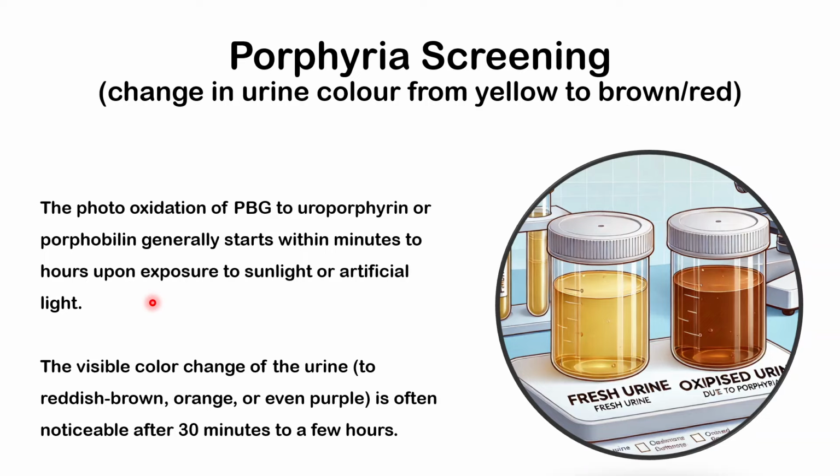Okay, so when porphobilinogen is exposed to sunlight, within minutes to hours it undergoes oxidation, which results in a change in color. The visible change of color from yellow to reddish brown is usually noticeable from 30 minutes onwards. Okay, so this is one way we can screen for porphyria.